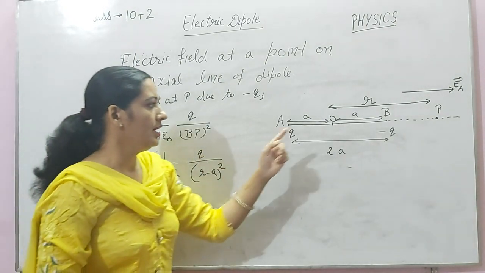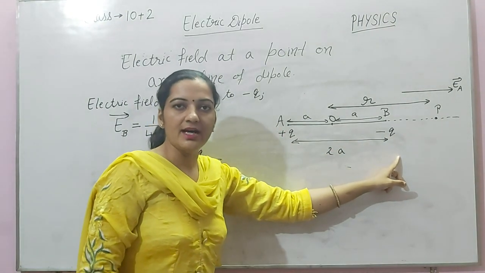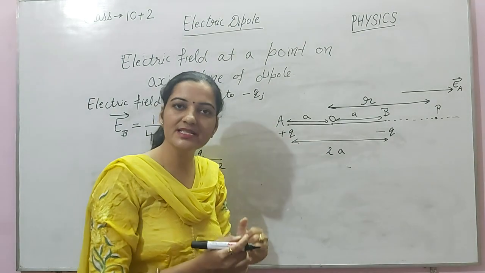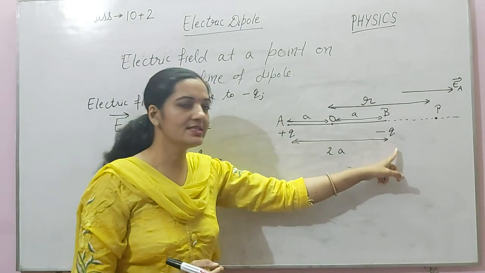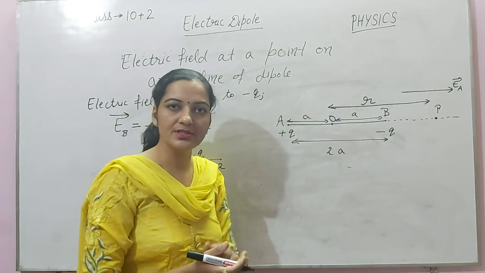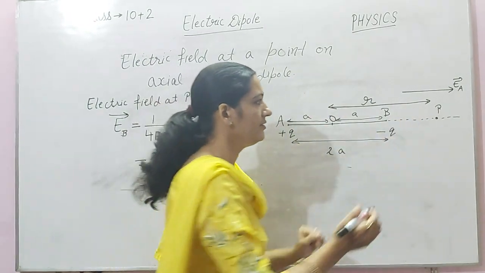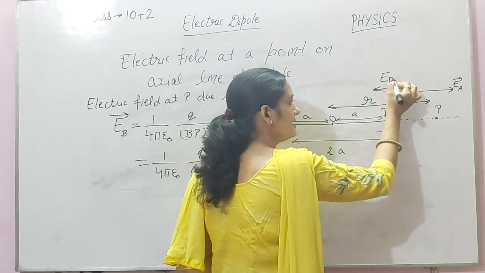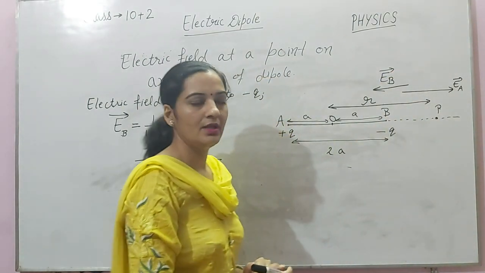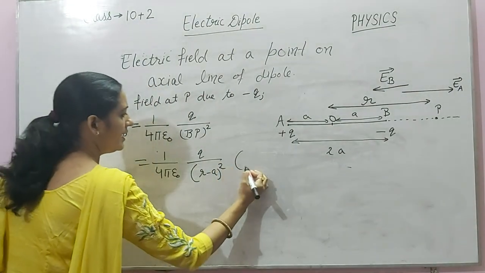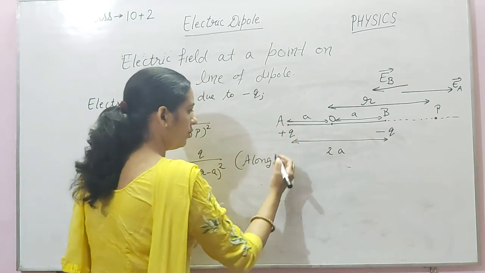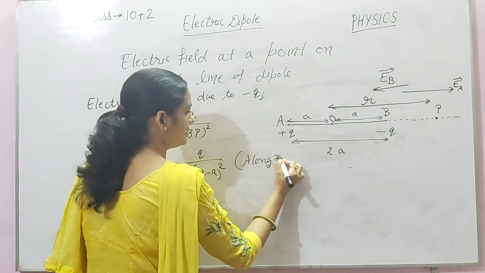Now in case of negative charge, you have done that direction of electric field is towards the charge, towards negative charge, away from positive charge. So here electric field will point in this direction, that is EB, along PO or PA you can write.